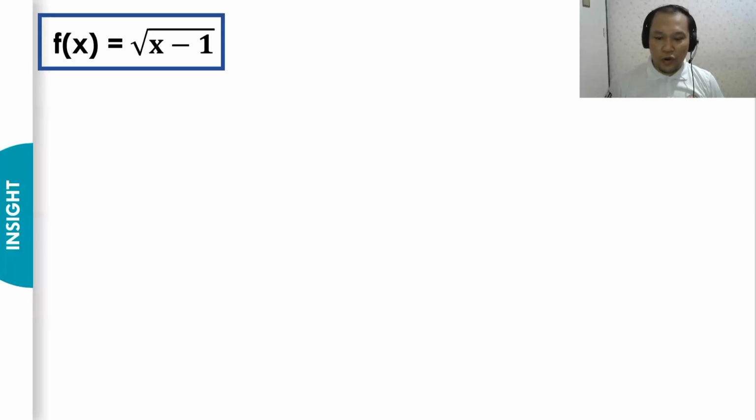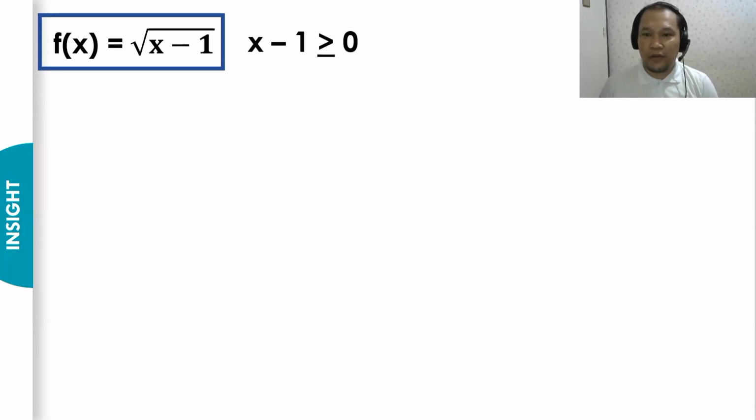Okay, now what we are going to do here is equate our radicand, which is x minus 1, to x minus 1 is greater than or equal to 0, so that we are able to find the value that will serve as the boundary for the restriction, so that we are not going to come up with an imaginary solution or imaginary answer.